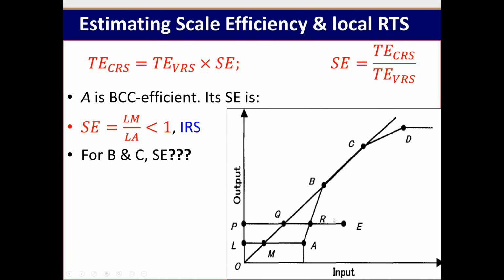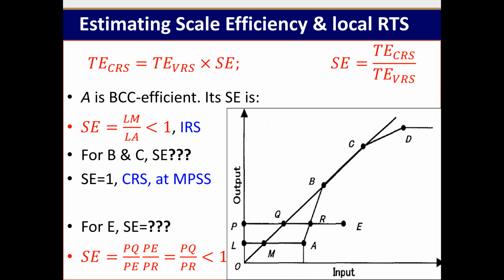And that is it. Now, you can see those that are constant returns to scale, Banker in his 1984 paper, which he wrote alone, calls it the most productive scale size. The most productive scale size. All right. So you should find the E, and I've already given you the answer.